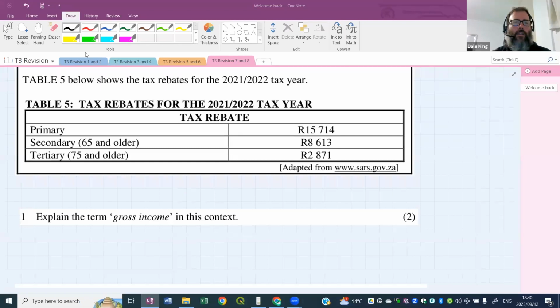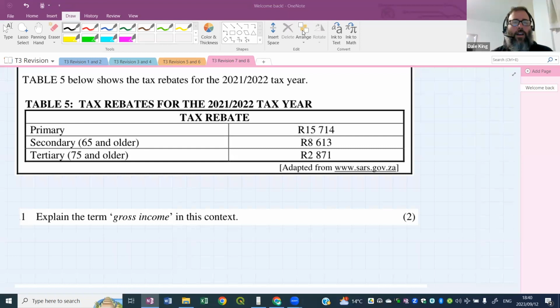I think I'm mixing it up with net. But the gross income is the total income you make in a year, I believe, after deductions have been made, such as tax. That's the other one. This one is the total income that you have before tax. All right. Thank you, Emmanuel.